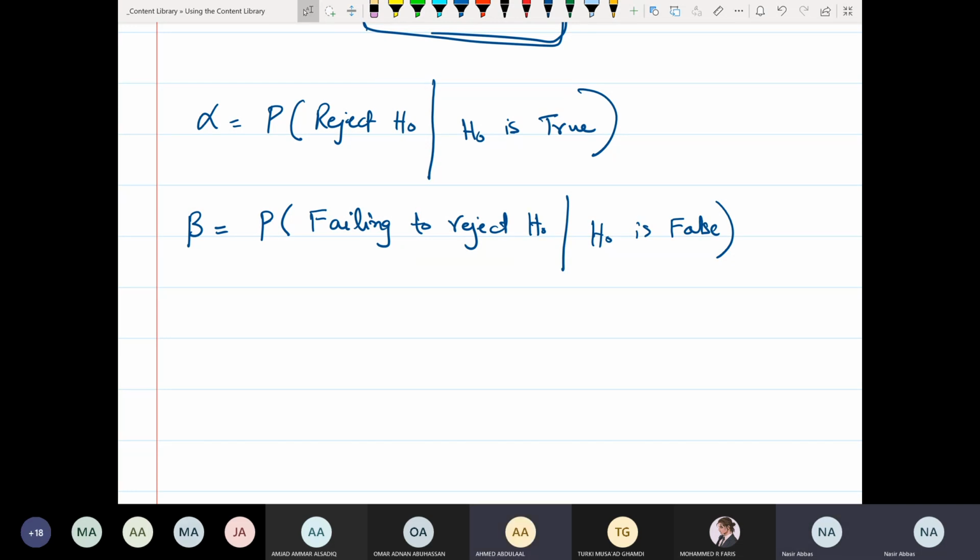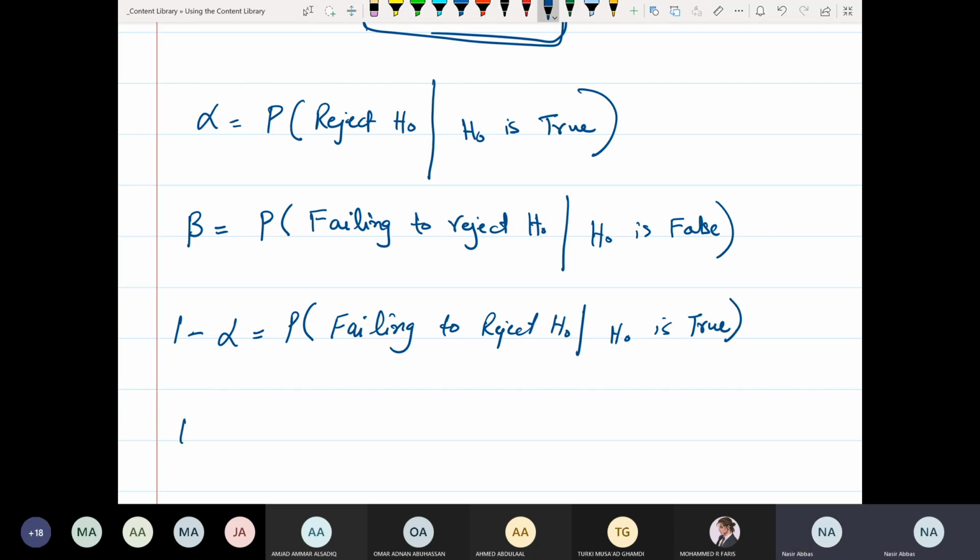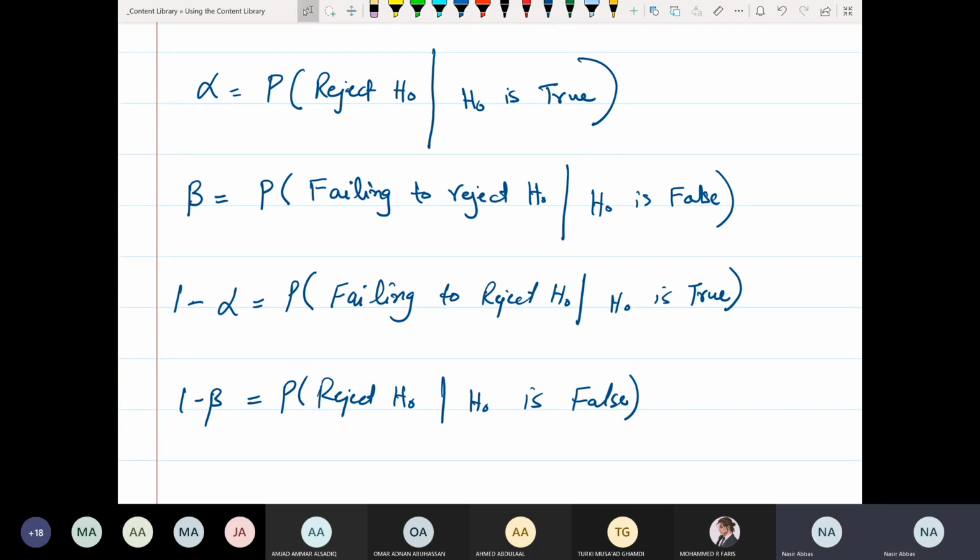I have not touched the example yet, just the notations. There is 1 minus alpha. This is the probability of failing to reject H naught given H naught is true. And there is 1 minus beta. This is the probability of rejecting H naught given H naught is false. These are the 4 probabilities we come across in hypothesis testing.